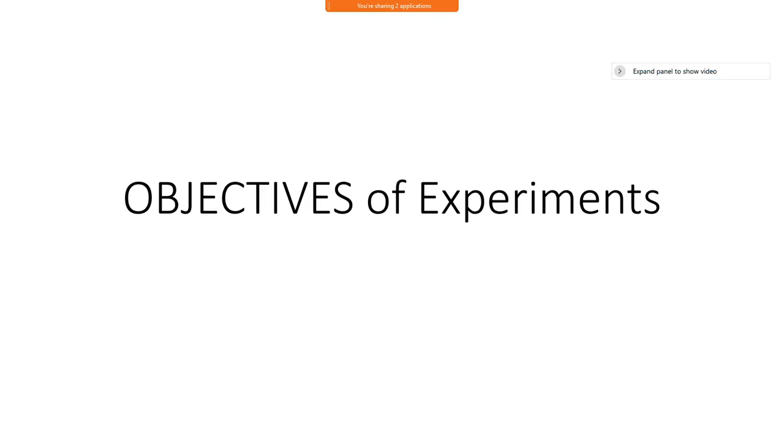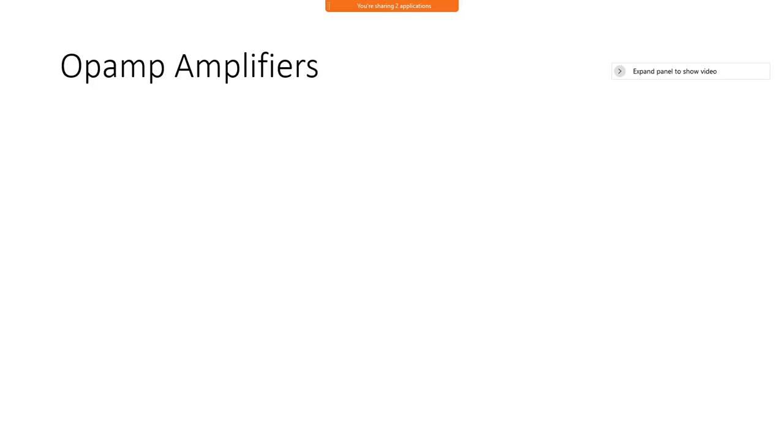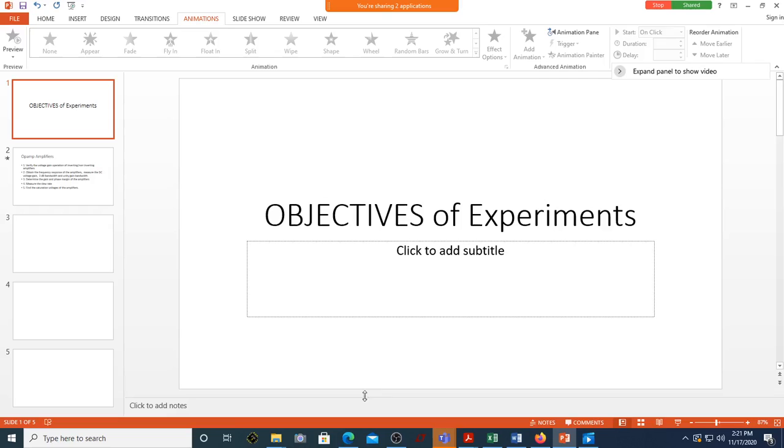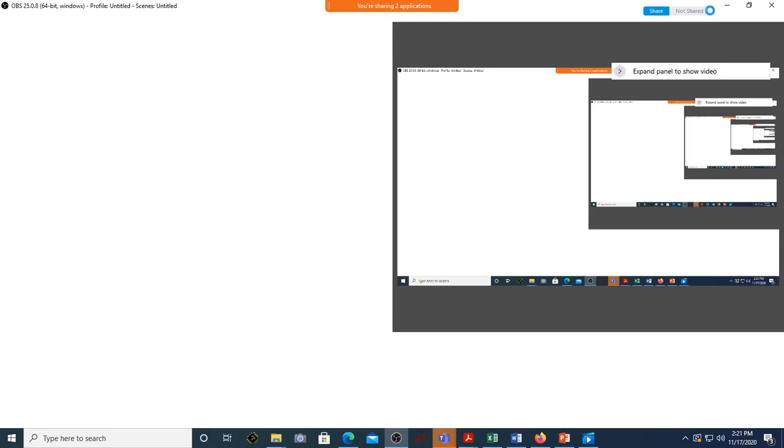Of course, we're going to have an objective before you start conducting any experiment. Let us see what the objectives of conducting this particular experiment are, that is, op-amp amplifiers, whether it is an inverting amplifier or a non-inverting amplifier. So we will have objectives for all of them.